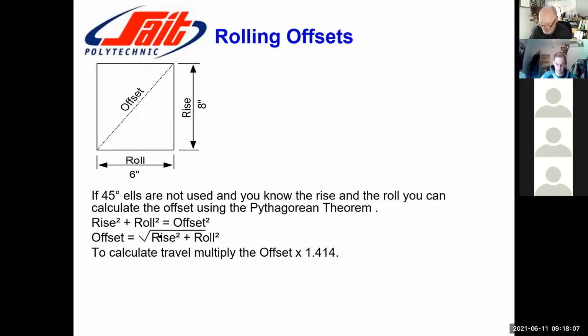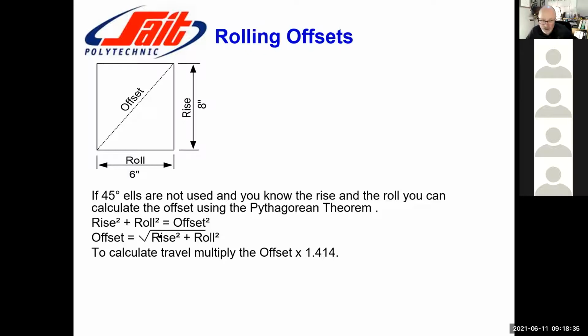That's simply done by taking 6 squared, adding 8 squared, equals, and shift square root. What is the offset in this little picture? Anybody just shout it out. 10. It is 10. Thank you for that. Absolutely. It is 10.